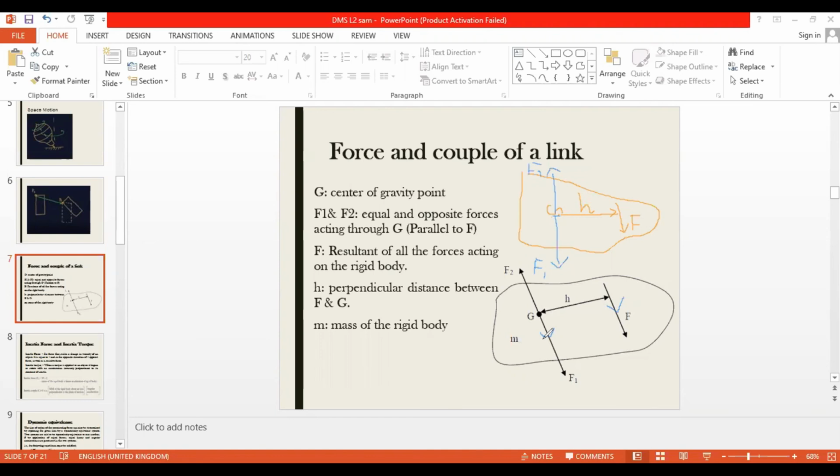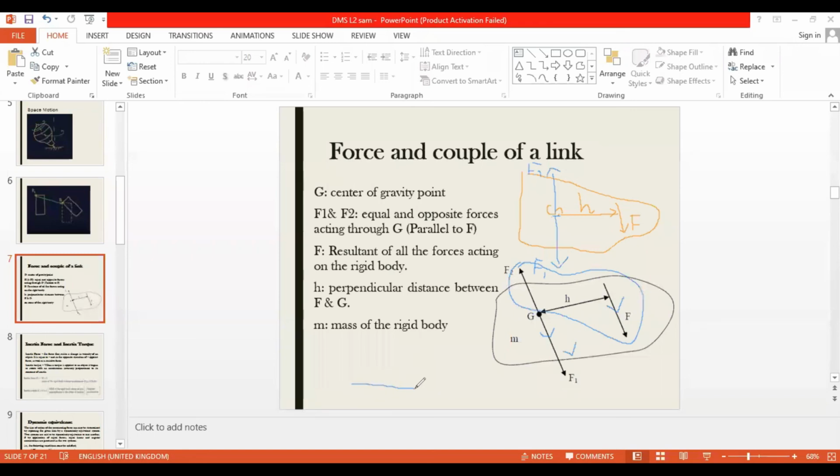What has actually happened is you transformed this force to this location, and you created a couple. A force times a distance will create a couple.